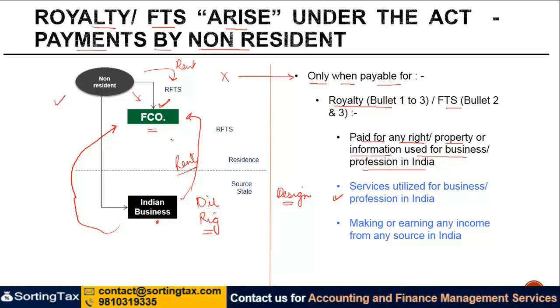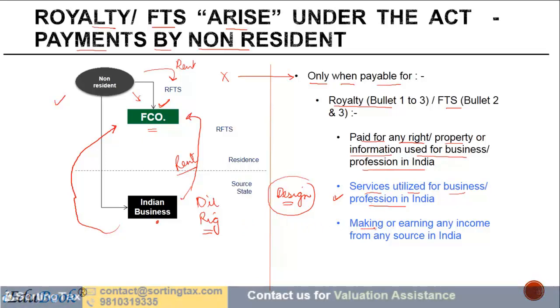So in case there are payments for services, I'm not talking about the payments for the use of a design. In fact, even those can be covered over here. But for services which are utilized for business or profession in India, this is treated as arising in India. Now, there will obviously be other conditions that you will need to see whether this is taxable.